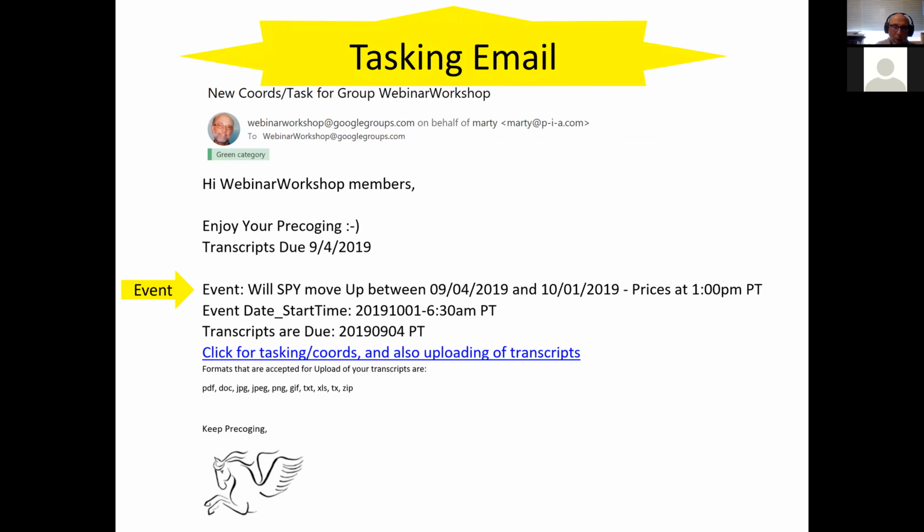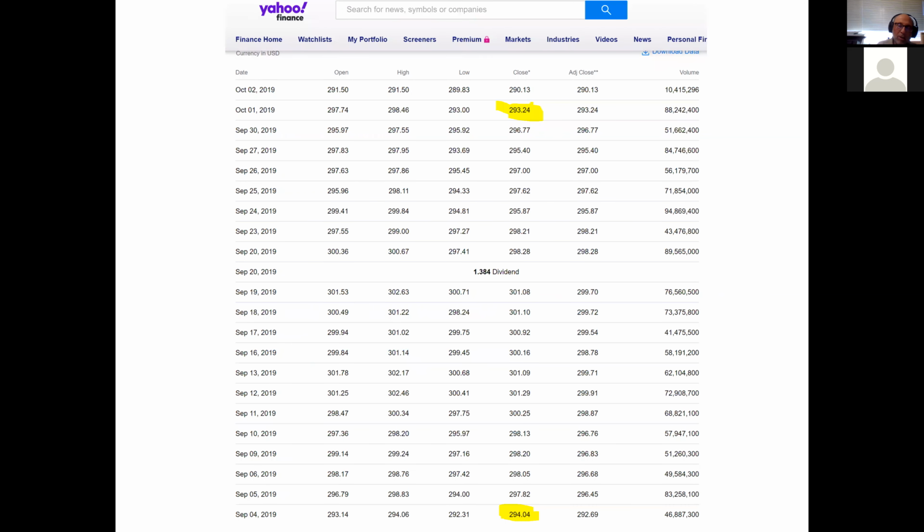So let's look at what happened between the 4th of September and the 1st of October. I got this from Yahoo. Again, I went to Yahoo. There are a lot of places you can get this data. In all previous ones, I've shown a chart because it was obvious. This one was pretty close, and the chart just wasn't obvious.